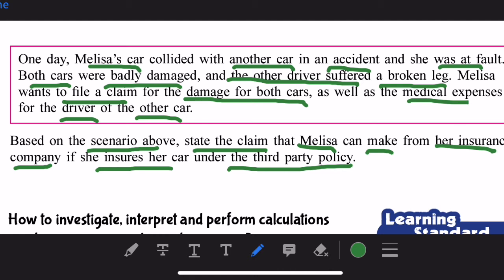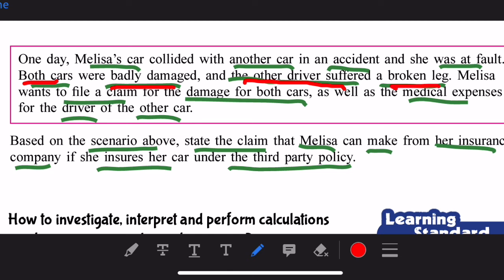For question number 2, again I read. One day, Melissa's car collided with another car in an accident and she was at fault. Both cars were badly damaged and the other driver suffered a broken leg.